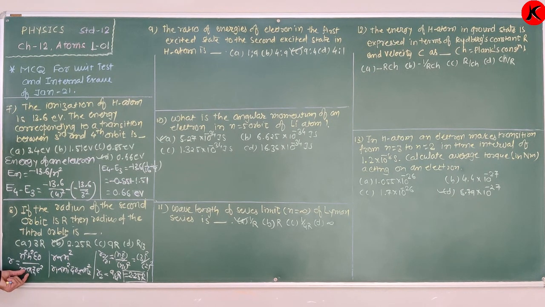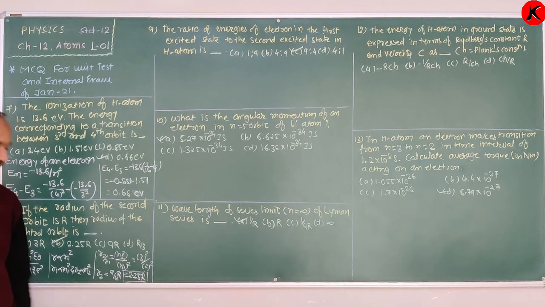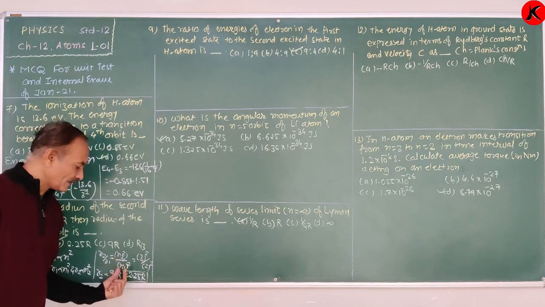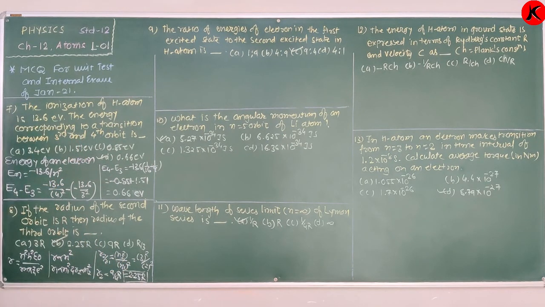Z is 1 for hydrogen atom, h is constant, epsilon 0 is constant, m pi is constant. Therefore, we can directly write r proportional to n square. R1 is proportional to n1 square and R2 is proportional to n2 square. Take the ratio: R2 upon R1 is equal to n2 square upon n1 square.